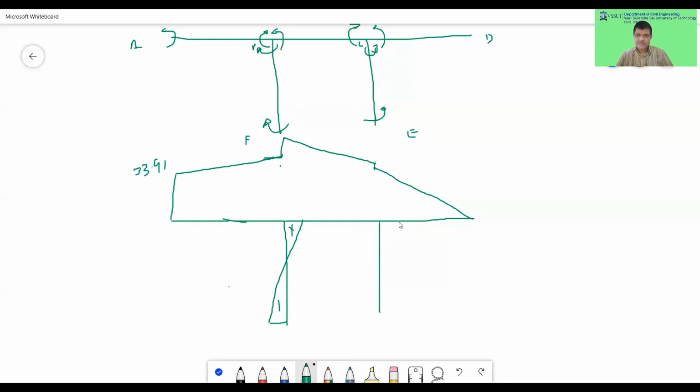So what is the value of CE? BF. FB is 6.09, and this is BF. BF is 12.17. Just reverse.